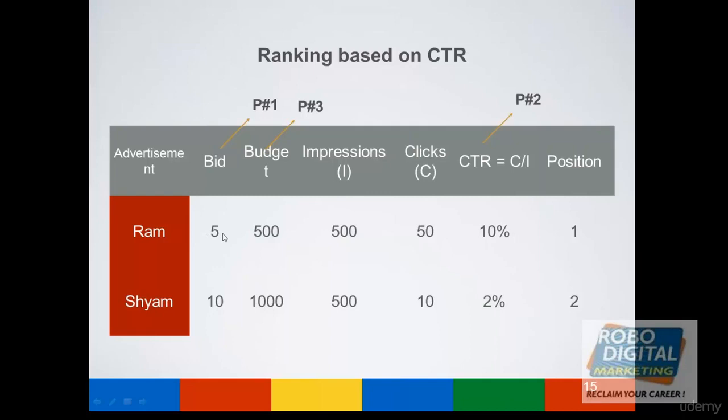The total amount Google is earning is 250 rupees. Whereas for Shyam, it is getting 10 clicks at a bid of 10, so 10 into 10 is 100 rupees. So Google is earning only 100 rupees here and 250 rupees there. So Google will give a higher position to the person who is giving more revenue to Google AdWords.